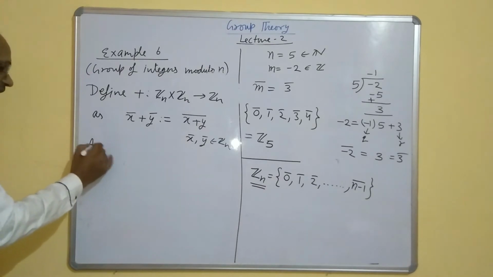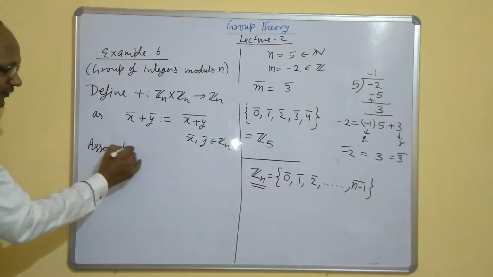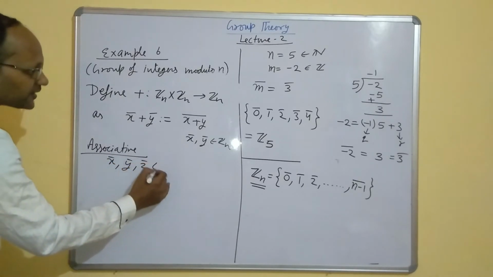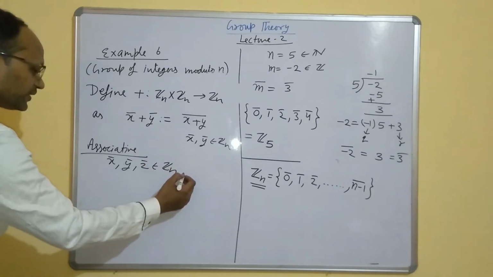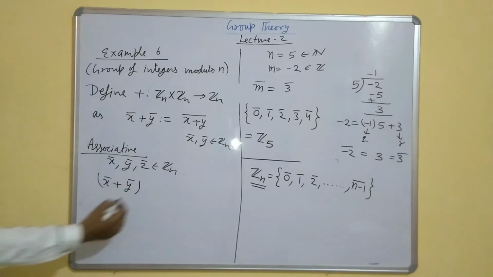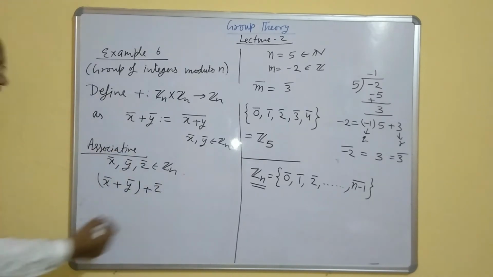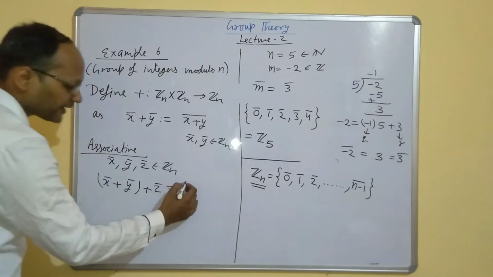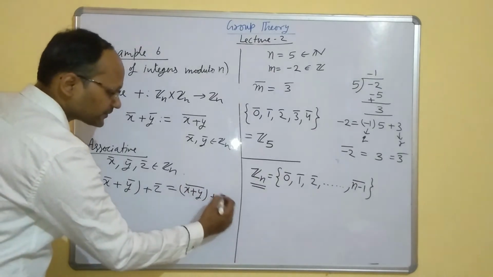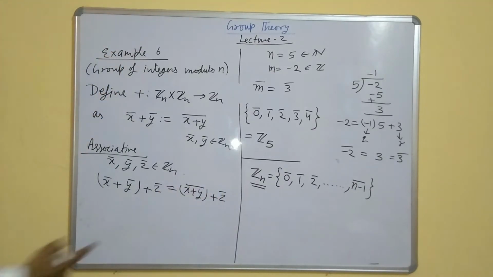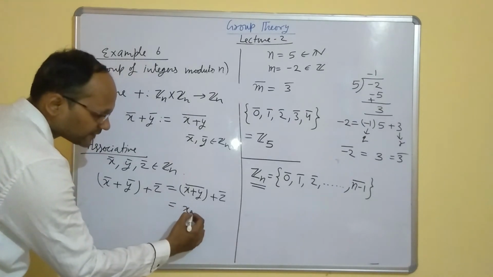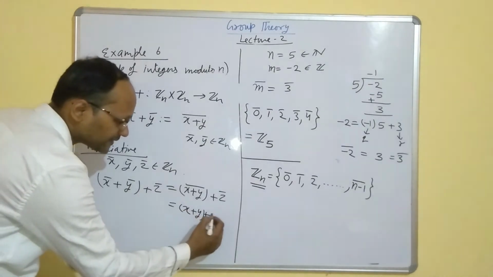Now this operation is also associative. Why? Because suppose I take x bar, y bar, z bar in Zn. Let us check it. By definition of addition, we can write x bar plus y bar whole plus z bar as x plus y whole bar plus z bar. Now again by definition of addition, we can write it as x plus y plus z whole bar.